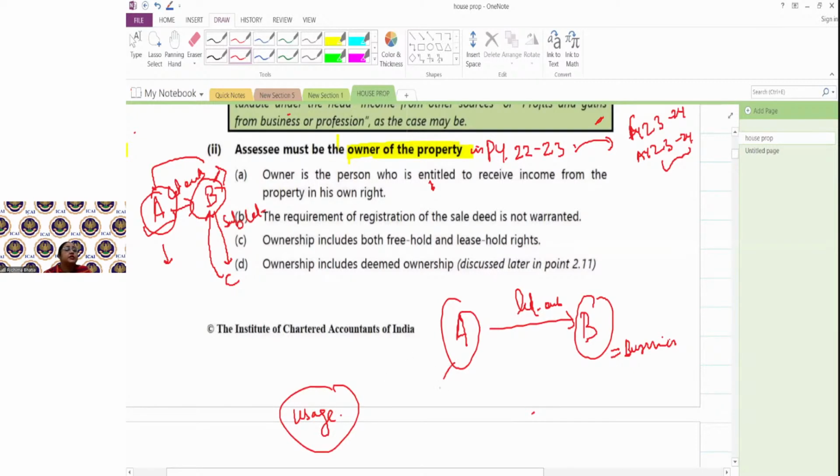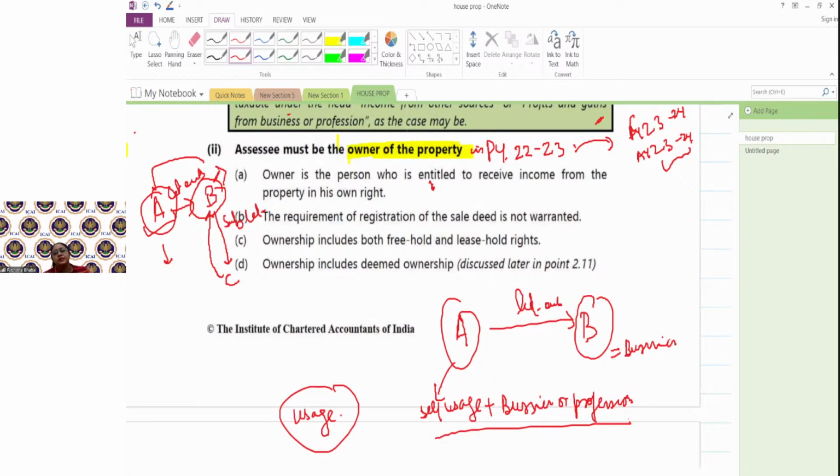If A is using the property himself, self usage है, and that self usage is for business or profession, as in A ने उस shop पे, A in that shop is running his own business, then the annual value of that property would not be considered as income from house property. What did I say?